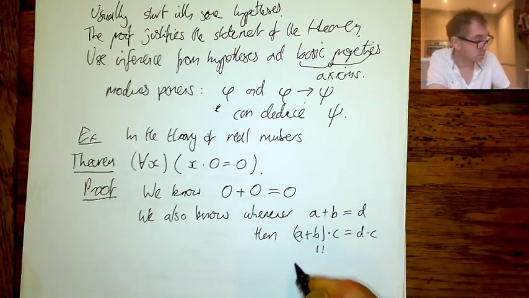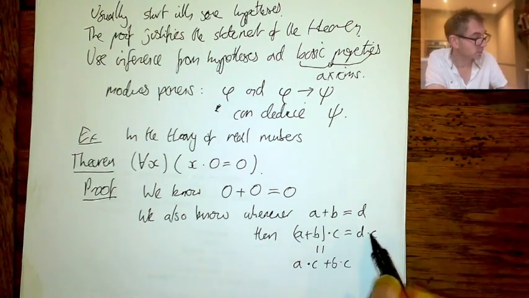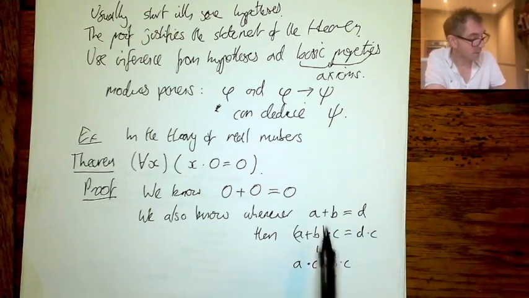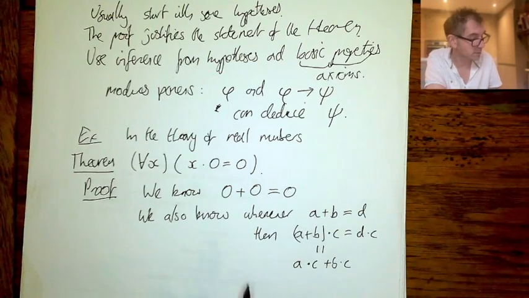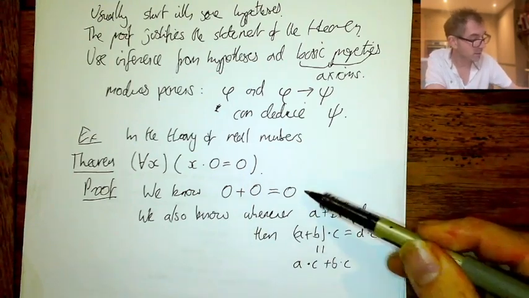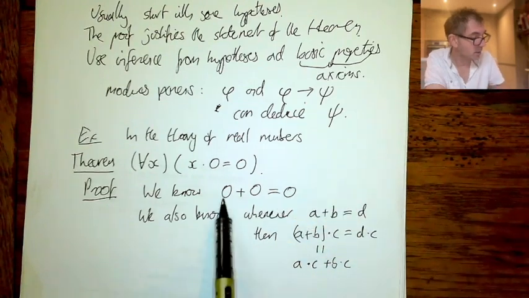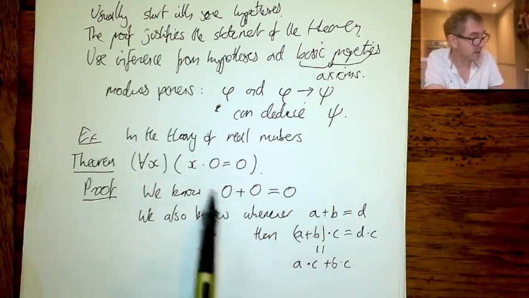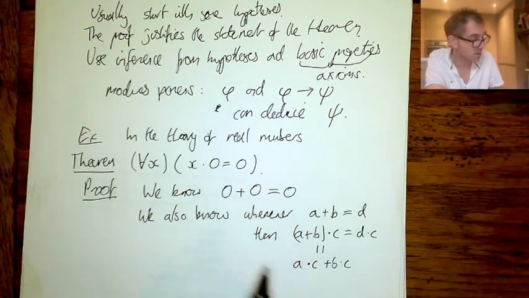This is equal to a times c plus b times c. So if I now multiply this equation on the right, putting these two together, I use modus ponens by replacing, I'm going to take a as 0, b as 0, and then c as x.